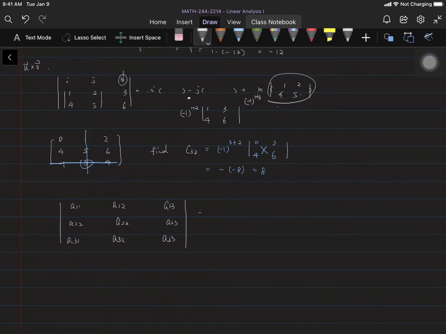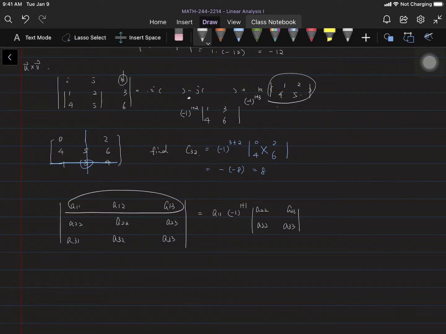Let's calculate the determinant. We can use the first row to expand. The first row means A11 times the cofactor. The cofactor is -1 to the power 1 plus 1, times the minor, which means delete the first row, first column: A22, A23, A32, A33.